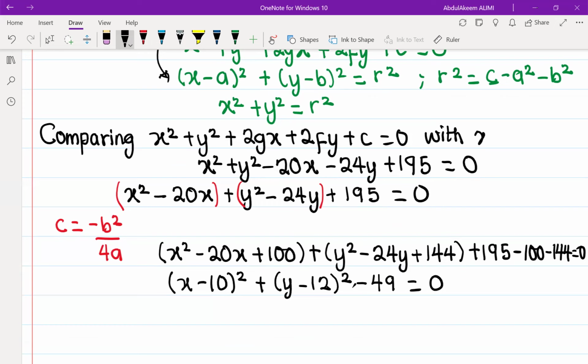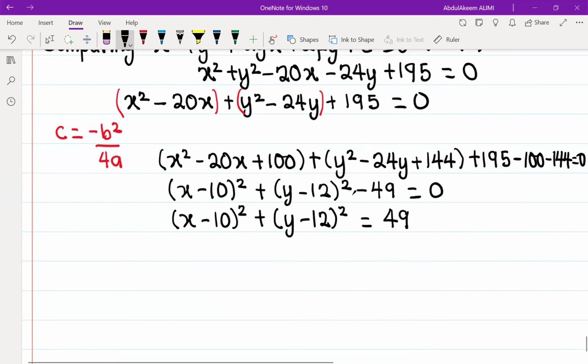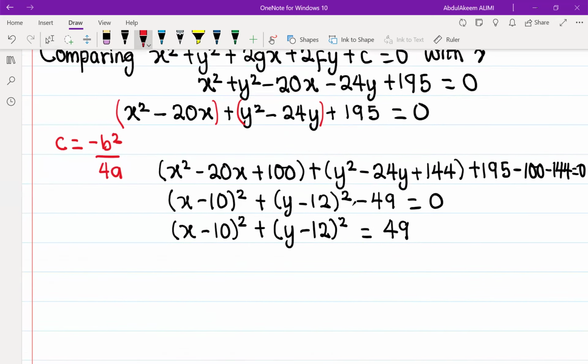So I can now rewrite this as (x minus 10) all squared plus (y minus 12) all squared equals 49. Now it is in the form (x minus a) all squared plus (y minus b) all squared equals r squared.